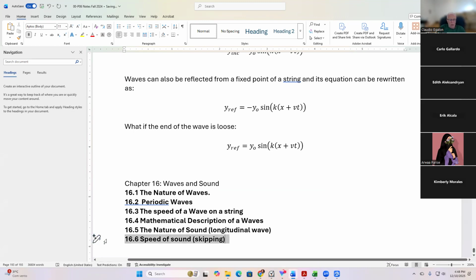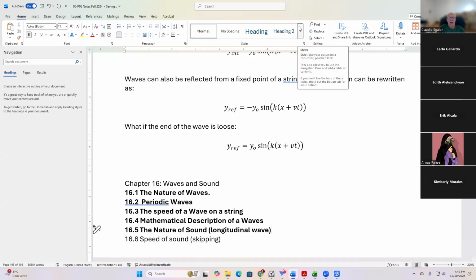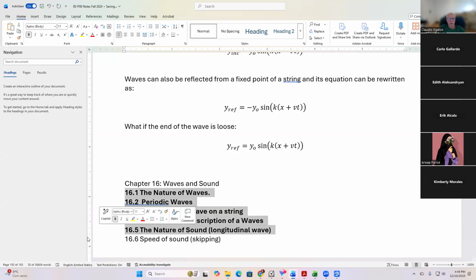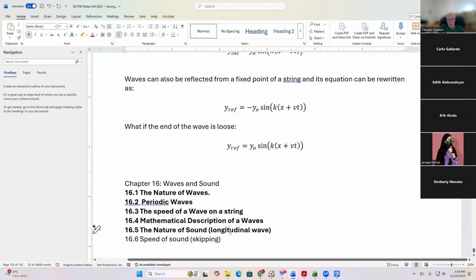So let me take out the bold face here. Any questions about that? Nature of waves, periodic waves, speed of a wave on a string, mathematical description of a wave, and the nature of sound. Nature of sound is a longitudinal wave. That's what you have to know about the nature of sound.